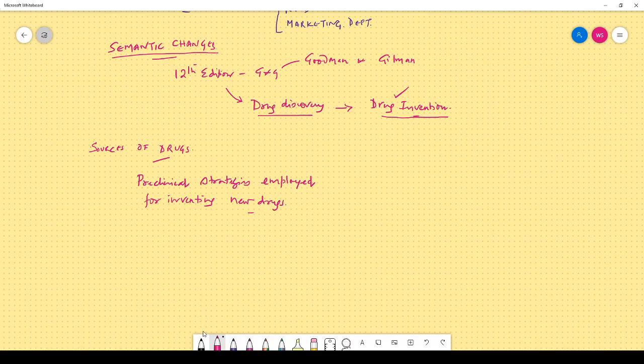Okay. So what are the strategies which are employed? Well, the strategies are called target-based screening. Then there is phenotypic screening. And then there is modification.